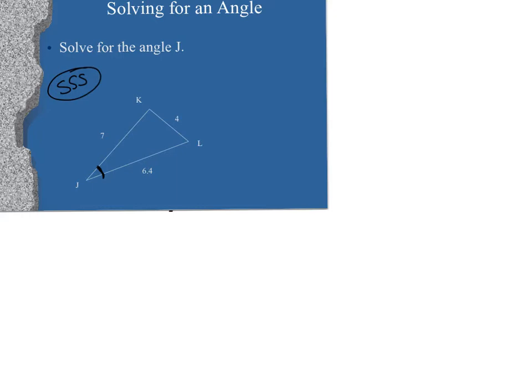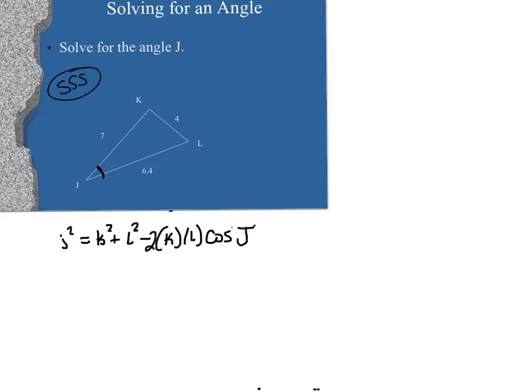So we would have J squared is equal to K squared plus L squared minus 2 times K times L, all times cosine of J. That looks like a 5, so I'm going to clean that up a little bit. Okay, so cosine of J.